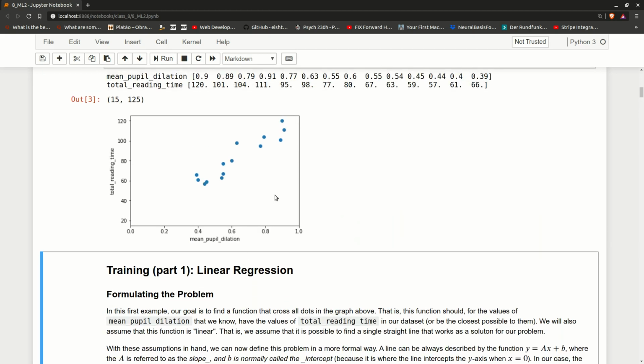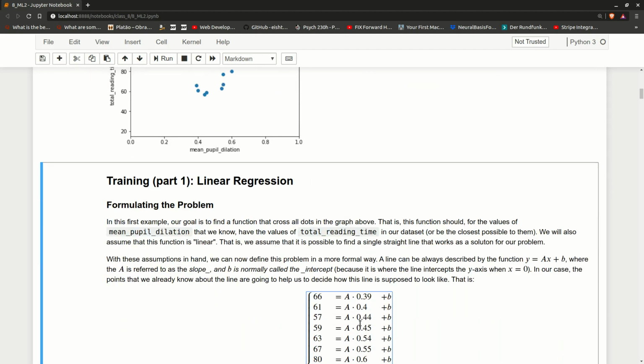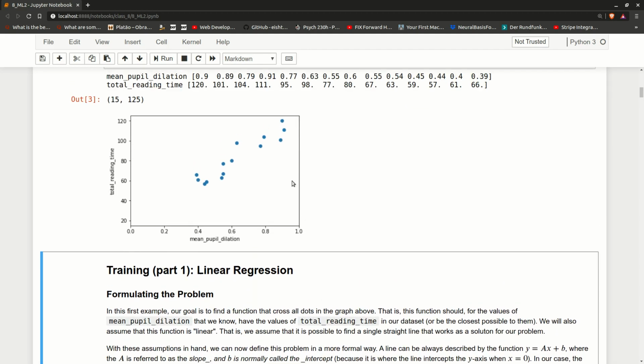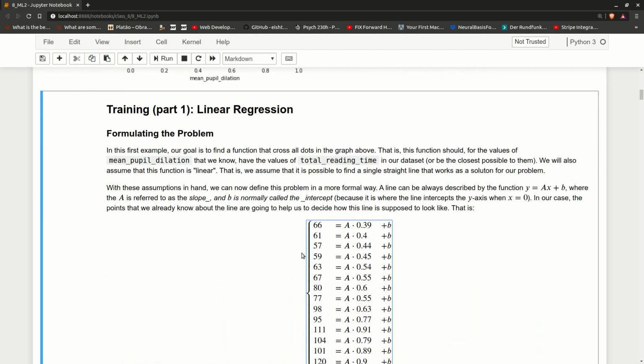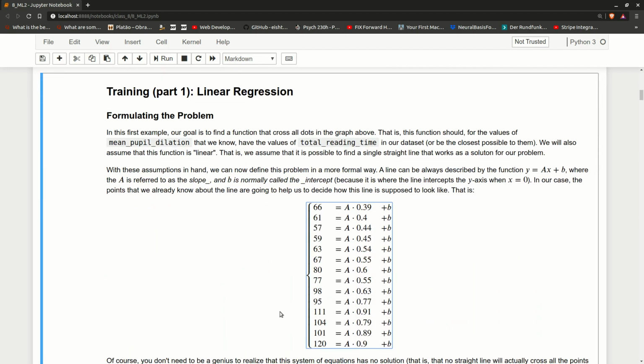And the interpretation of this in the math here is that since ax plus b describes a line, if you try to make a straight line in this graph, there is no way for me to create a straight line that will cross through all of these points. It will always be just a little off one point or another. So this means that there is no solution for this system of equations.